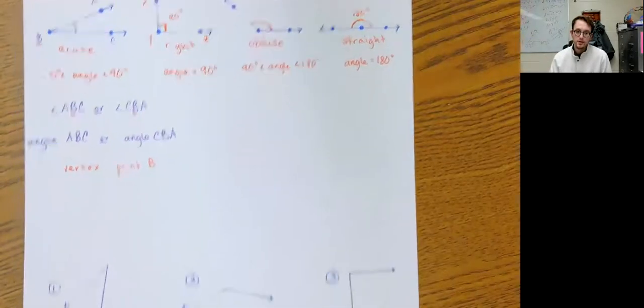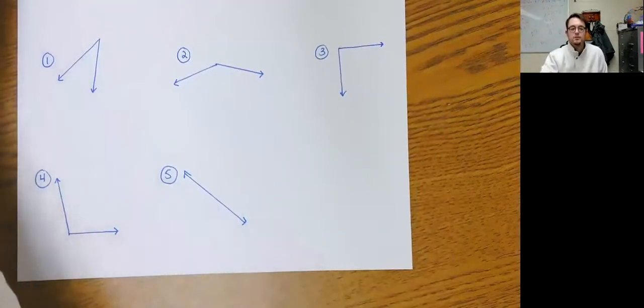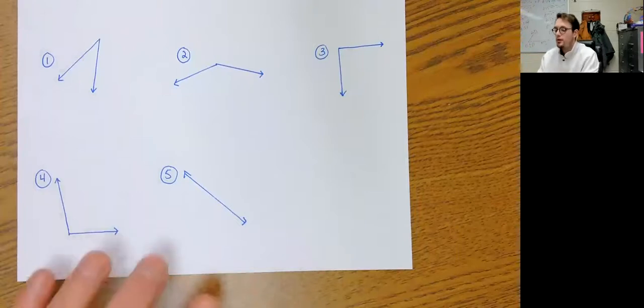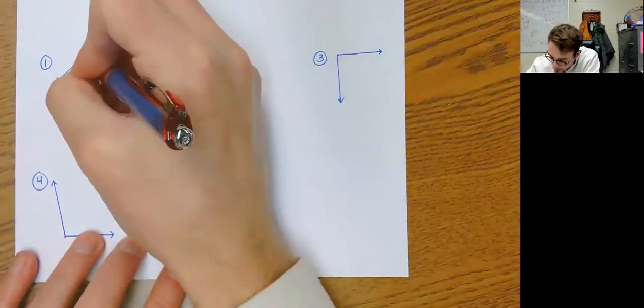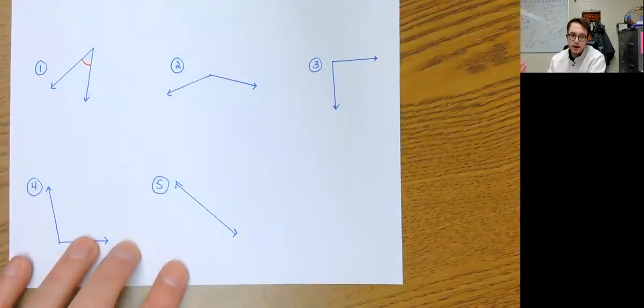So if we go down here to some examples of visually, what do we see? Well, we have this angle, and you have four options. Is it gonna be acute, right?